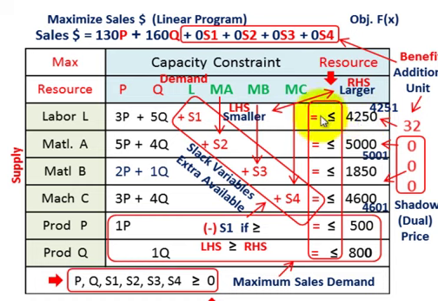So the slack is taken up by S1. You know that if you have 4,250 and 3,000 used, that leaves you with 1,250 units. So right away, you know you have an additional 1,250 hours of labor, and the same thing for each one of the other variables.